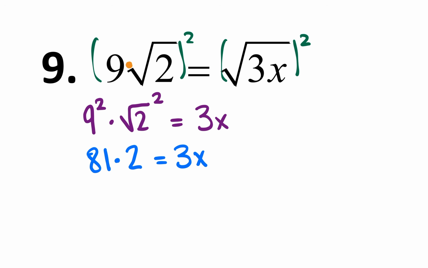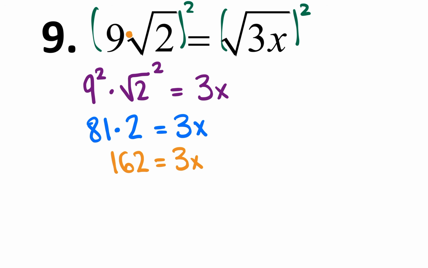So on the left-hand side, we have 81 times 2, which will give us 162 is equal to 3x. Then I will divide both sides by 3. And this will leave me with a final solution of x is equal to 54.